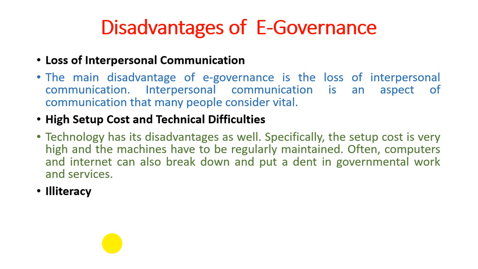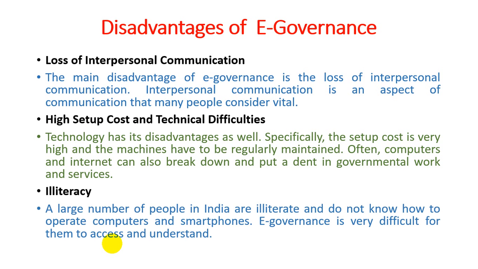And the last thing is literacy. What is literacy? A large number of people in India are illiterate and do not know how to operate a computer or a smartphone.